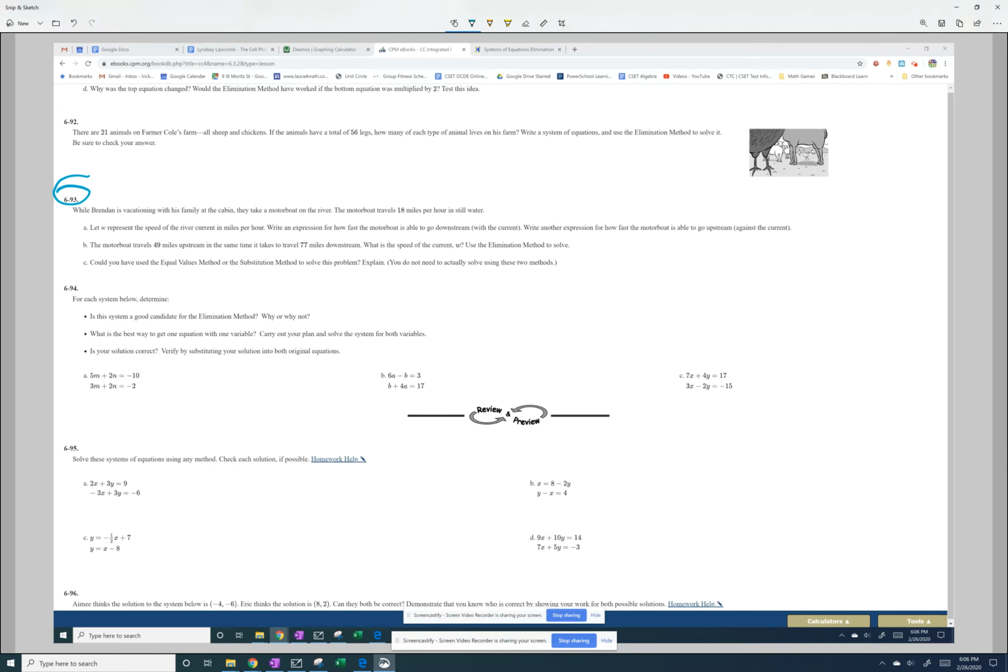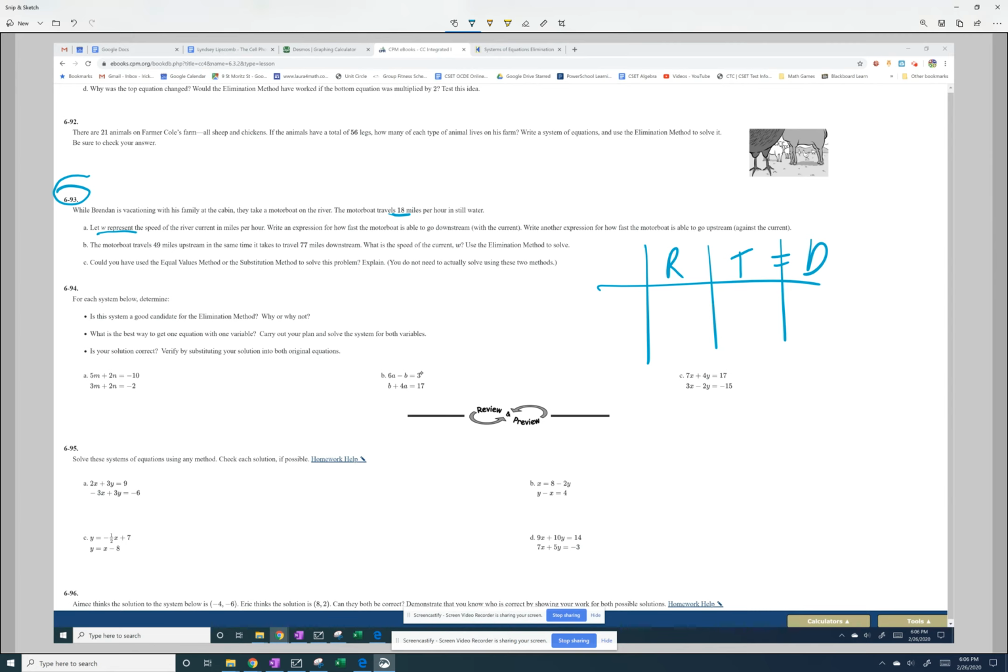Okay. So we'll set it up with rate times time equals distance, and let W represent the speed of the current, and the motorboat is traveling at 18 miles per hour.